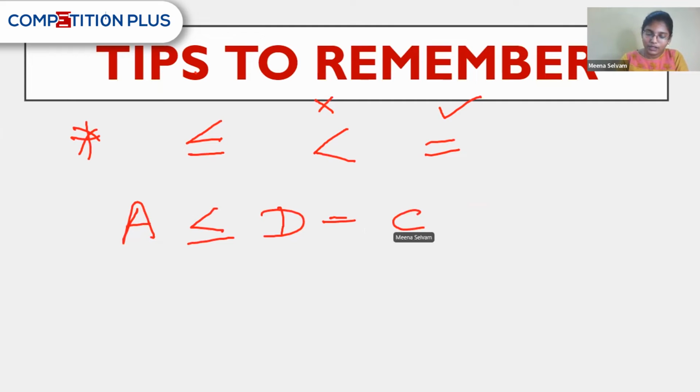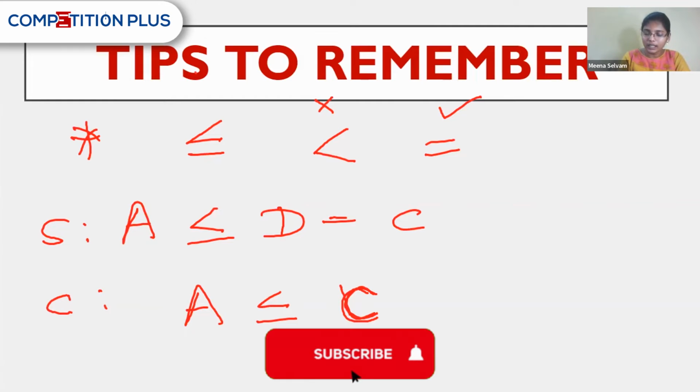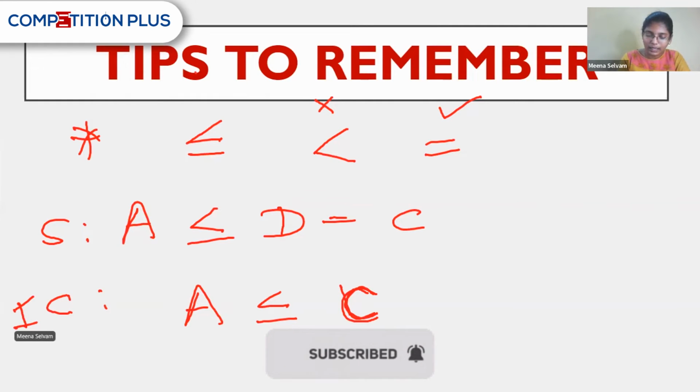Okay, if this is your statement and my conclusion is A less than or equal to C. Okay, so what is the rule we have to follow? Open gate or close gate? So here first we have to start always with the conclusion. This is the first step. Start from your conclusion and go to your statement. So here the gate is open this side.